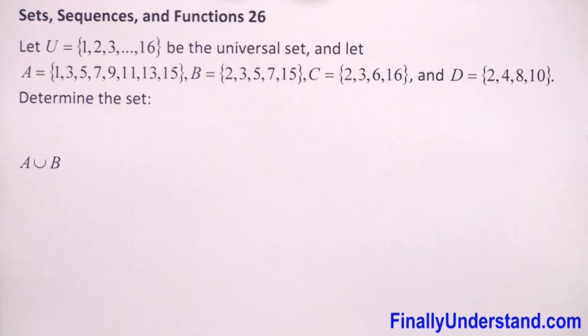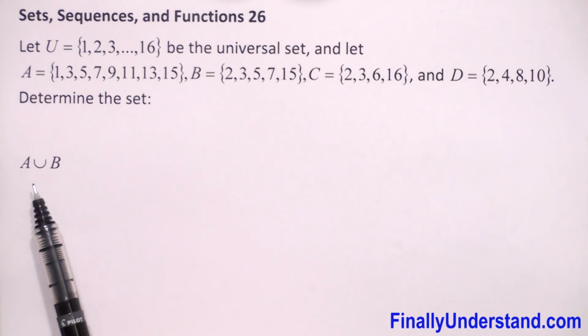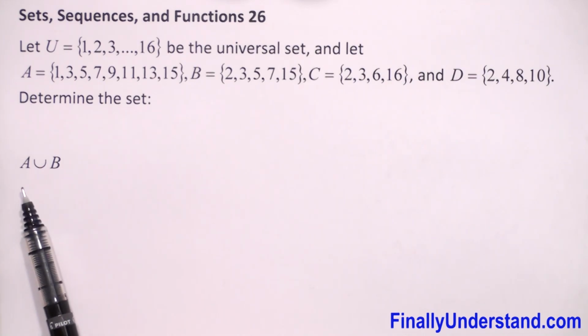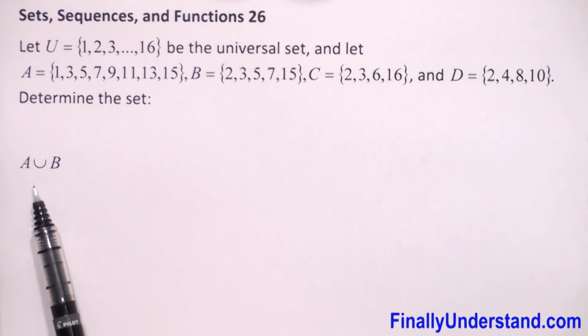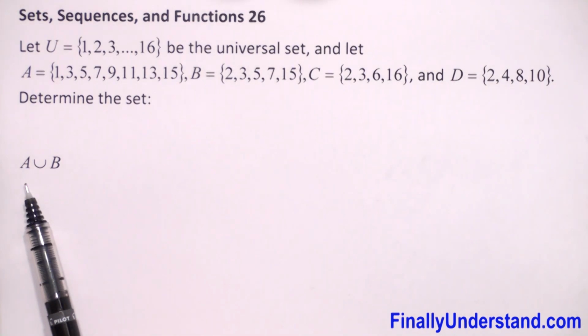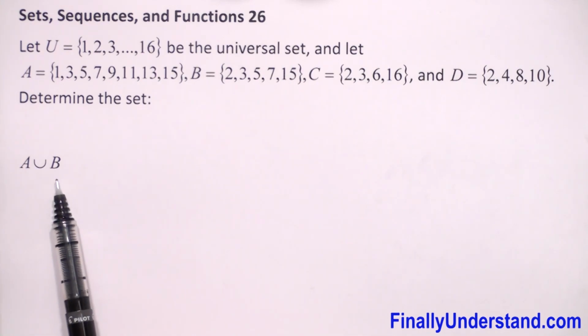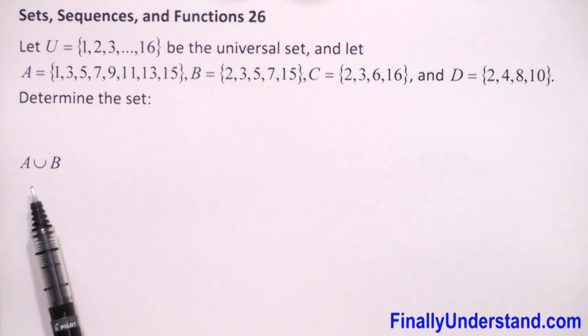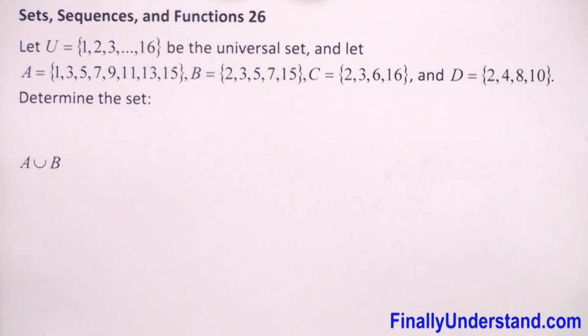We have given universal set U and sets A, B, C, D. We have to determine the set A plus B, or the sum of sets A and B, or in some books we have the union of two sets A and B. What is the union of two sets A and B?